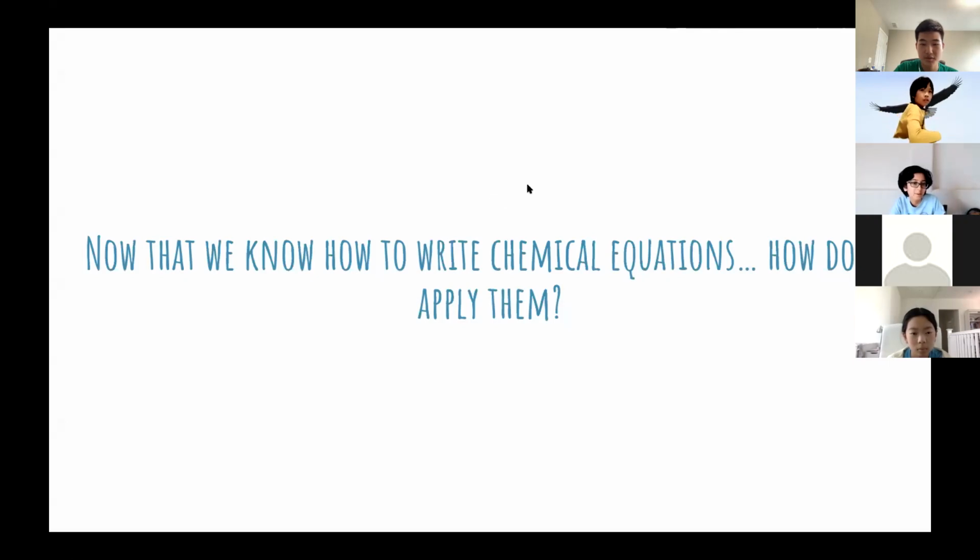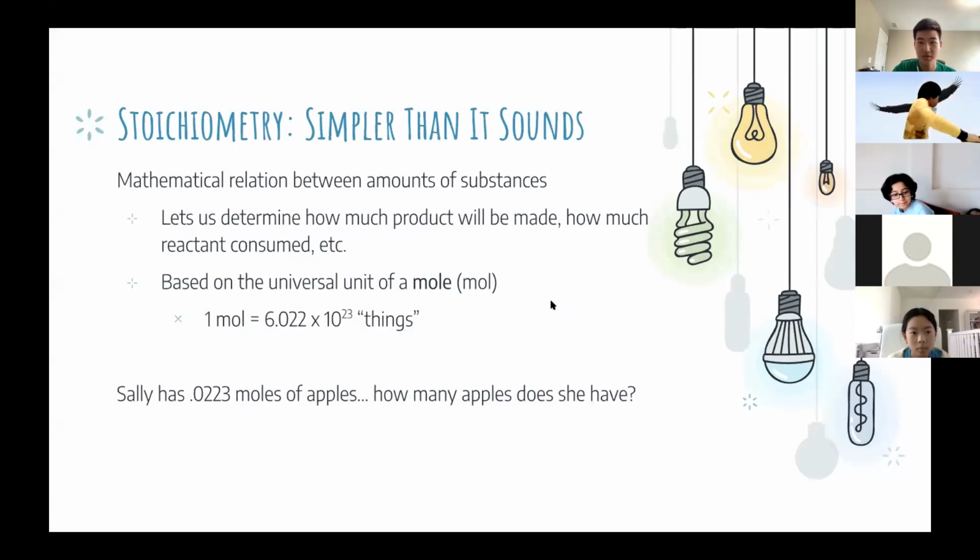All right, so now we know how to write and balance and make sense of equations. So how do we actually apply them? And that's where stoichiometry comes in. It has a really convoluted name, right? But it's not as snobbish as it sounds.